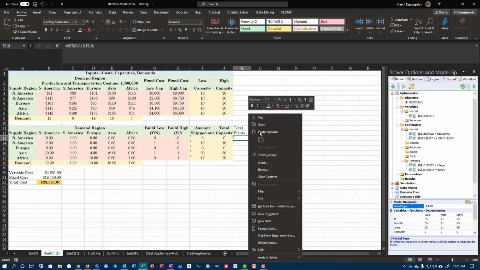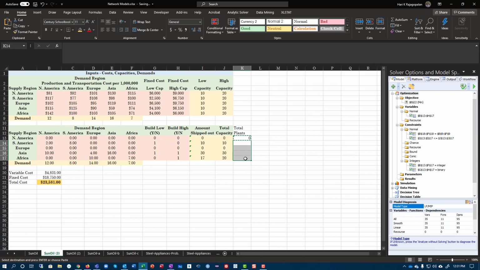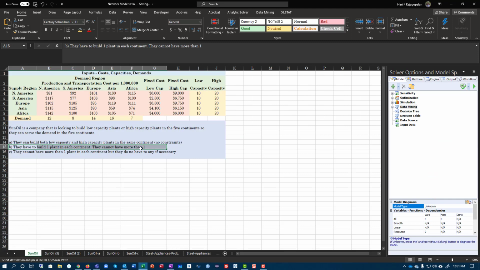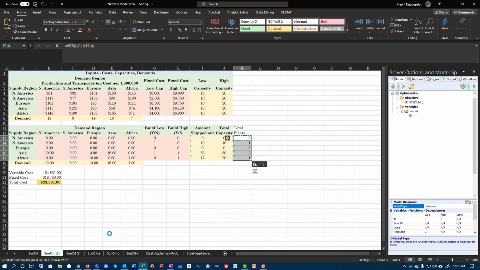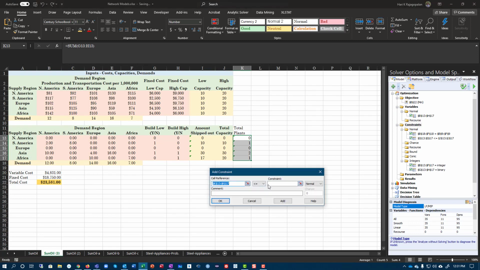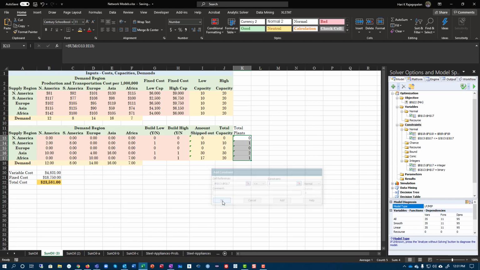And when we copy them down, these values, if you look at this part B, they cannot have more than one. So there's a constraint here. These values have to be less than or equal to 1, right?